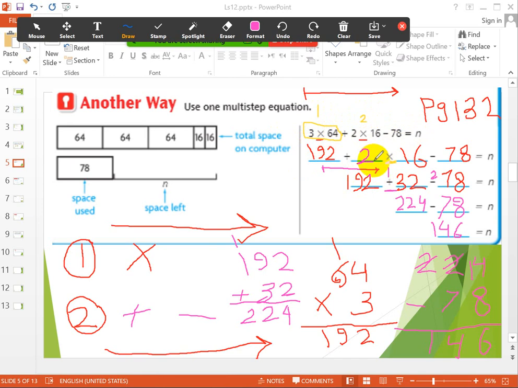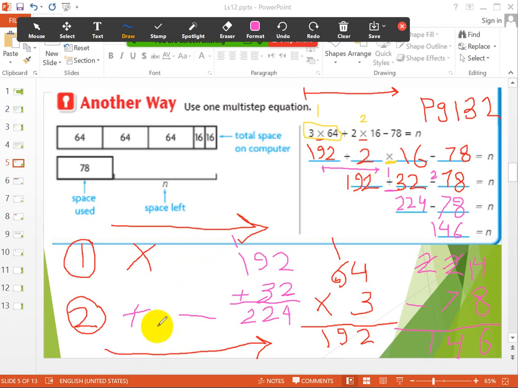If I want to find the final answer, in which operation I have to start? In which one? Multiplication, addition, or subtraction? I don't know. How I will know? I will know from the strategy. The strategy told me that you have an order of operations. You have to follow this order.